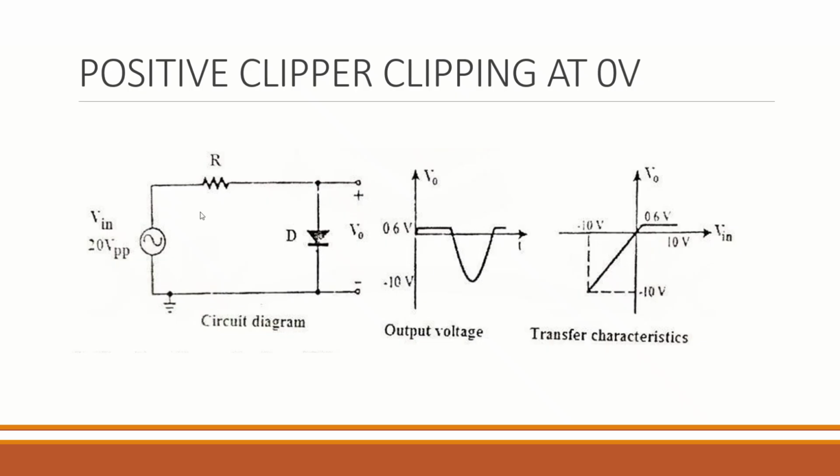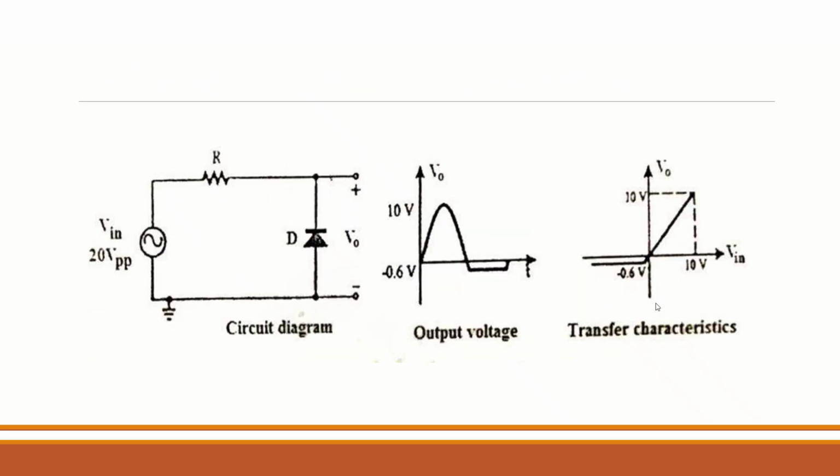In the case of a positive clipper, the positive half cycle of the input signal is removed or sliced. The negative half cycle of the input appears as such. The transfer characteristics of the positive clipper are as shown in the figure.